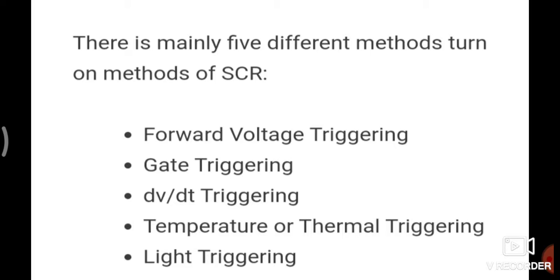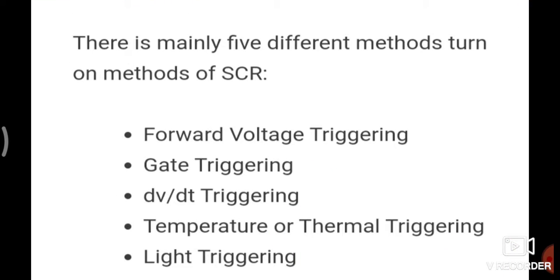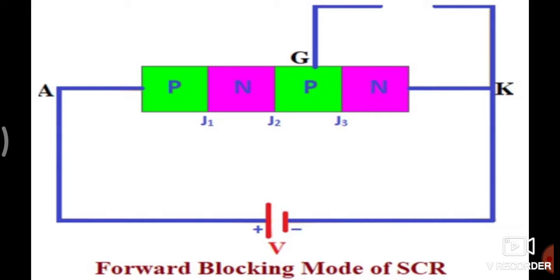What are those 5 methods: first one is forward voltage triggering method, second one is gate triggering method, third one is dV by dt triggering method, fourth one is temperature or thermal triggering method, and fifth one is light triggering method. These 5 are the basic methods to turn on the SCR.